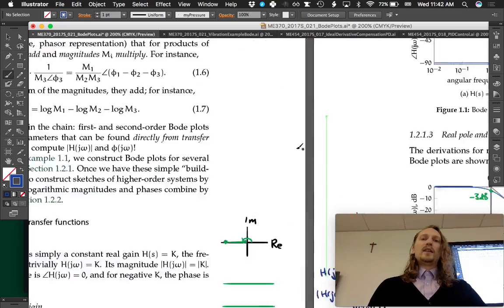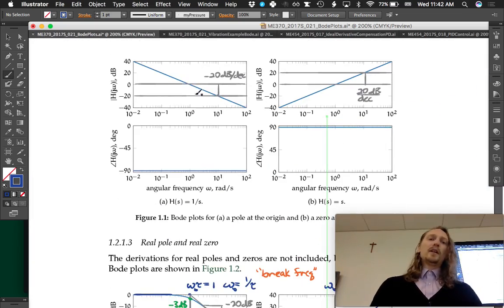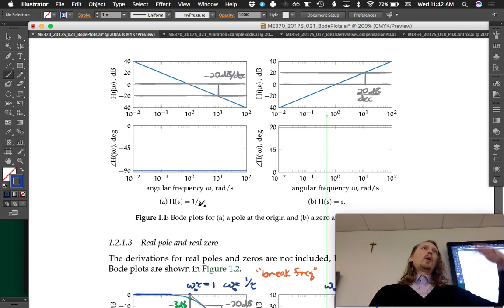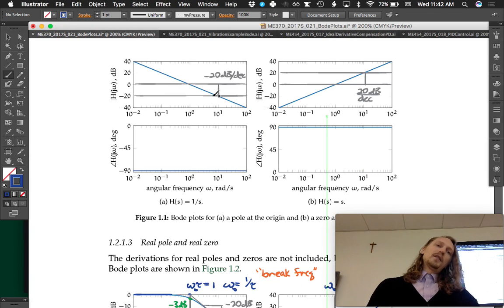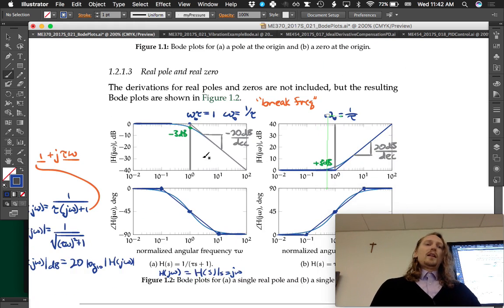Back when we did, it's just on this page. So up here, you had a pole at the origin, and you had a slope of negative 20 dB per decade, and a phase of negative 90 degrees. Here, once you get past the break frequency, you have a slope of negative 20 dB per decade, and a high frequency phase of negative 90 degrees. So the pole at the origin and the real pole are very analogous.